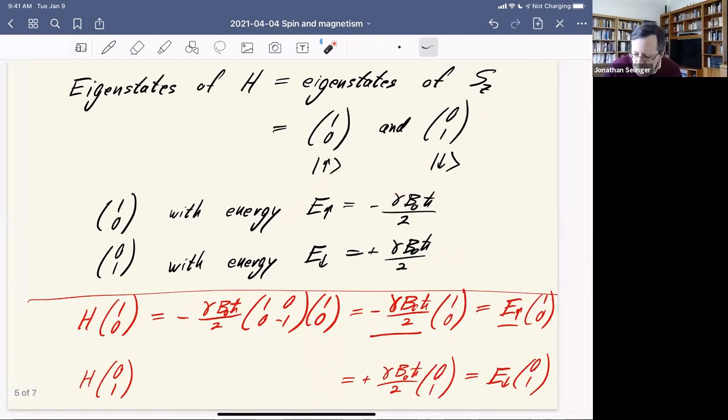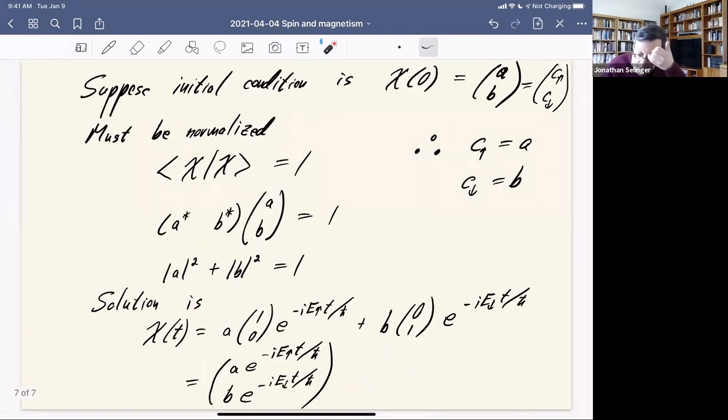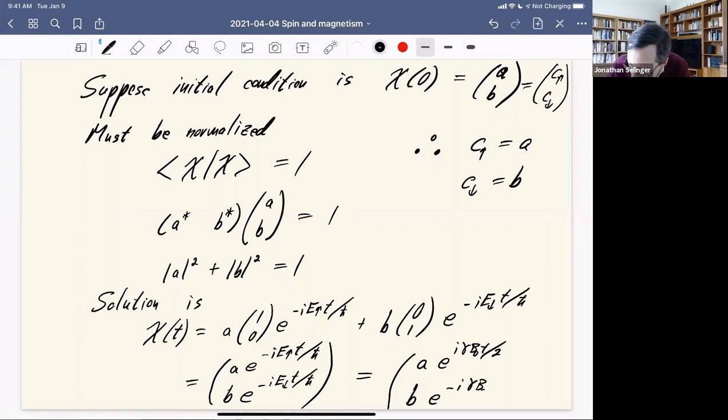So if I put those things in, then this solution is A e to the i gamma B naught t over 2, and B e to the negative i gamma B naught t over 2.